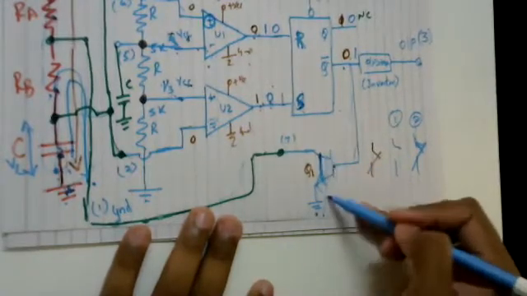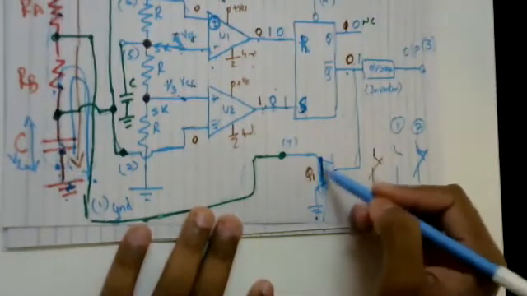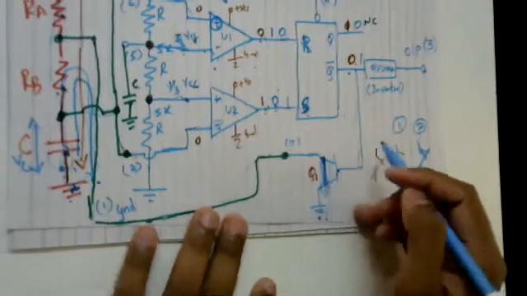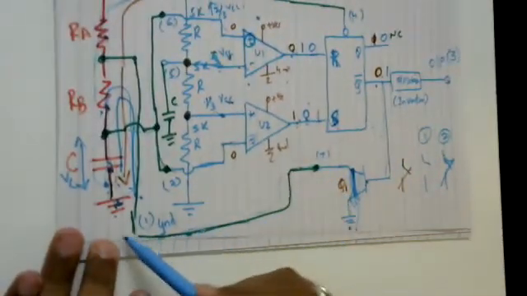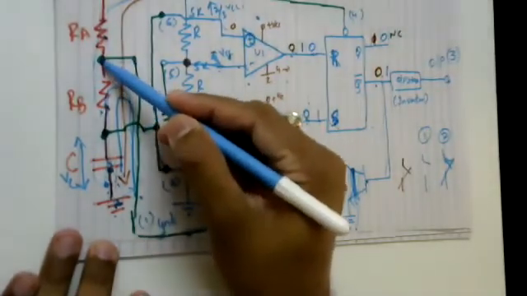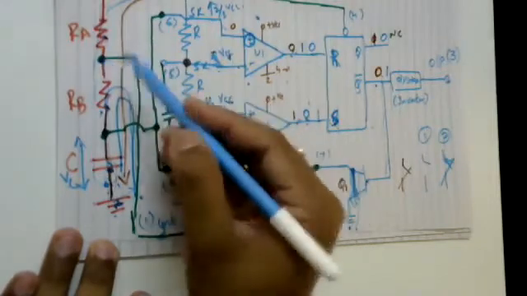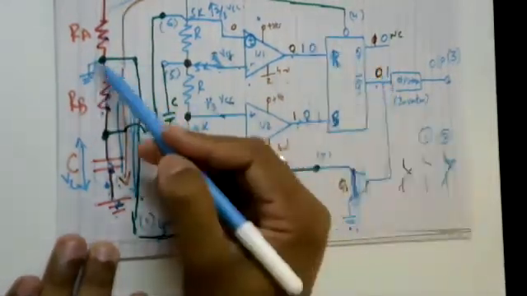So now it is in on condition. It's on means this part is shorted. So if you see the circuit, pin number 7 is connected to this junction. Now it is as good as this pin is connected to ground.